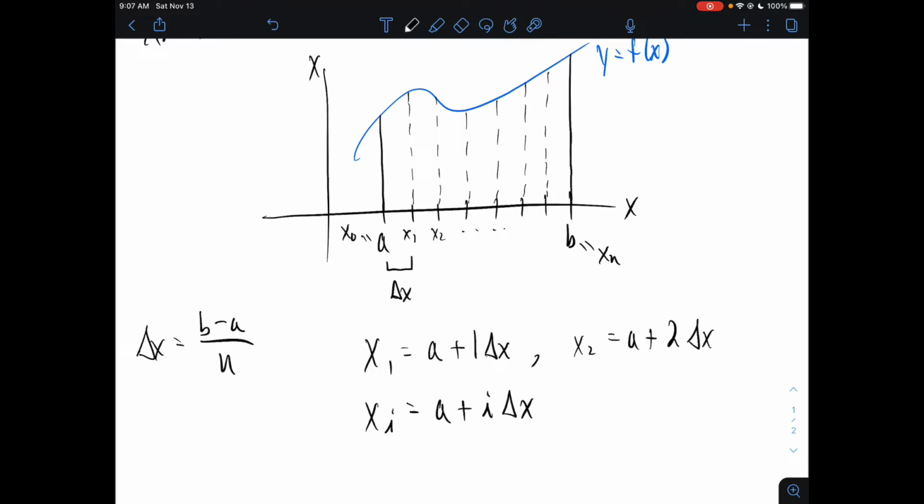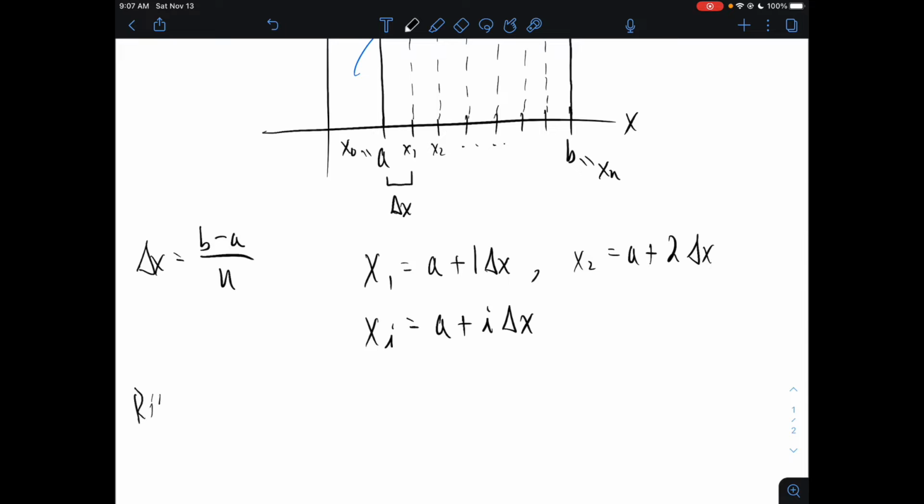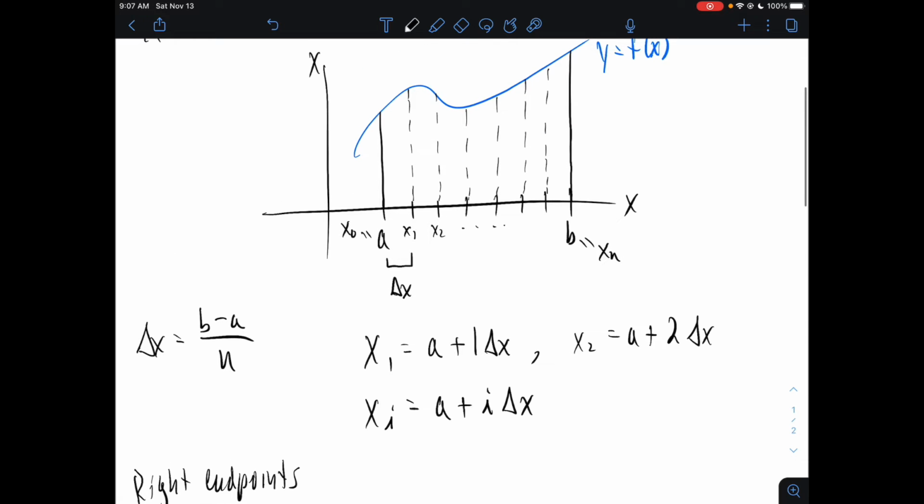So now what if we used right endpoints of our regions? That would mean, like in this first rectangle here, I would use the right endpoint of the interval to get the height of the rectangle, and then to finish the rectangle I will just draw a little bit more.